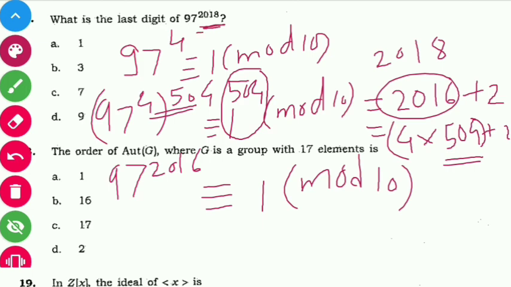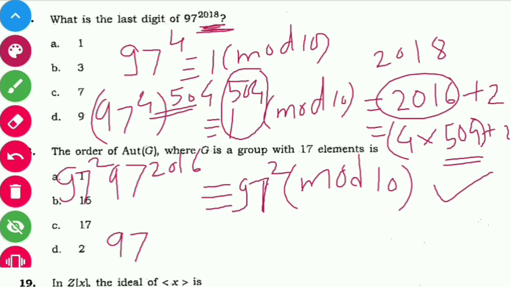Now still we want 2018, right? So you just multiply this congruence relation by 97 the whole square. So this is just equal to 97 raised to 2 into 97 raised to 2016, and on the right, 97 raised to 2 into 1 is the same as 97 square.